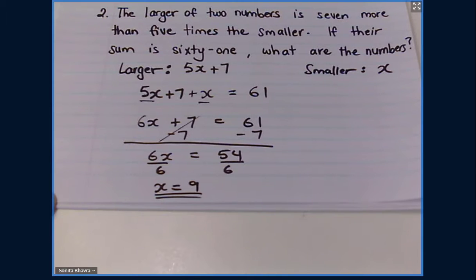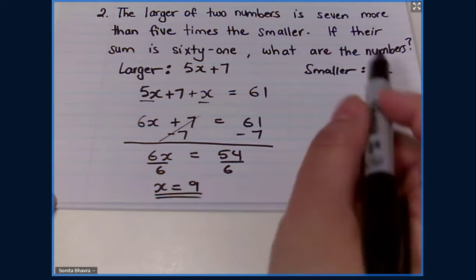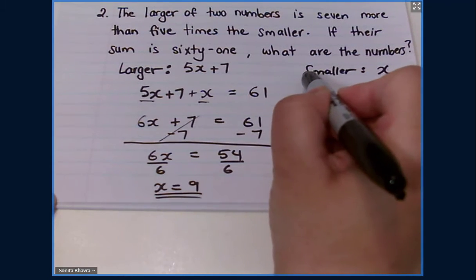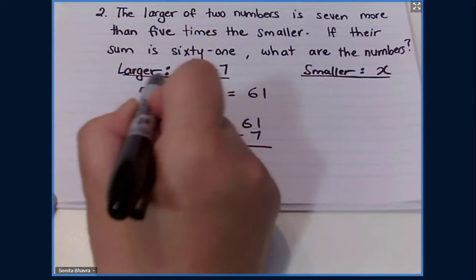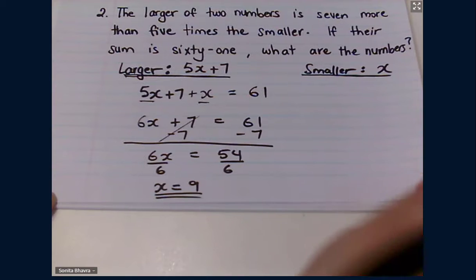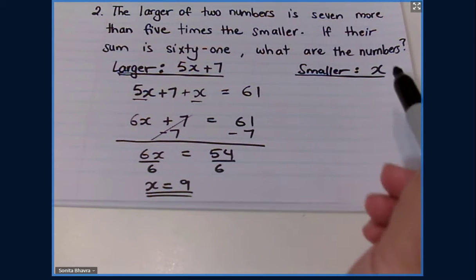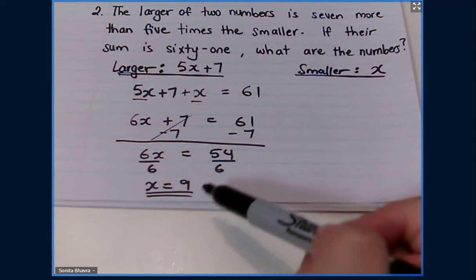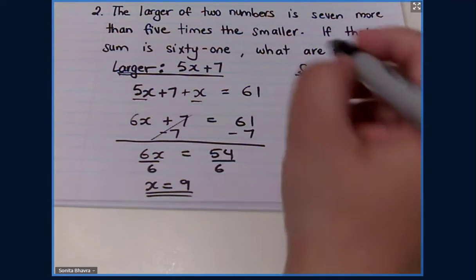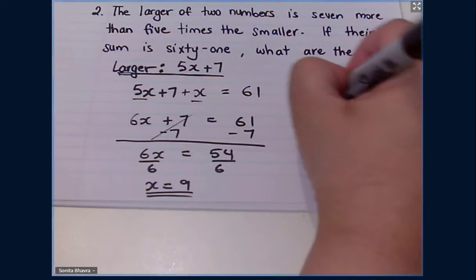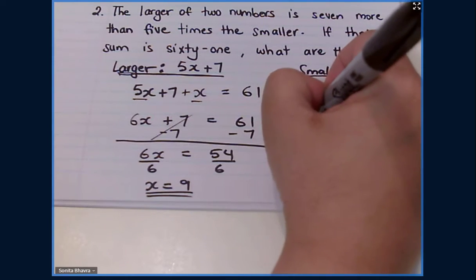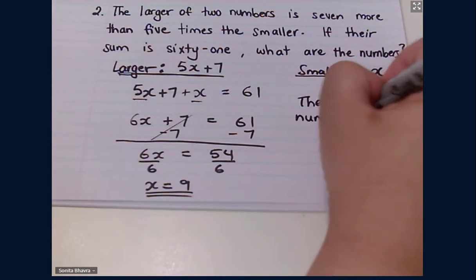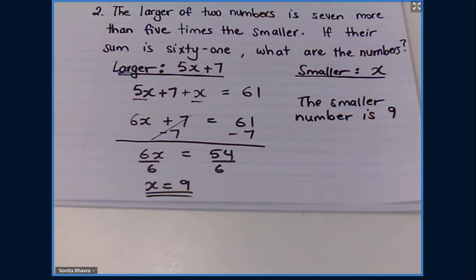All right, so we know x is equal to 9. So go back to the statements we had made, which was the smaller number was x, and the larger number is 5x plus 7. So therefore the smaller number, which is just x, will be 9.